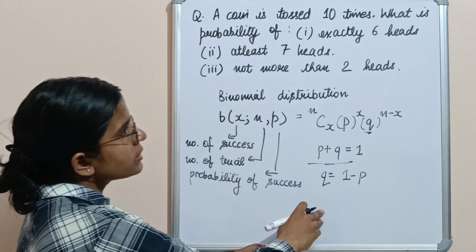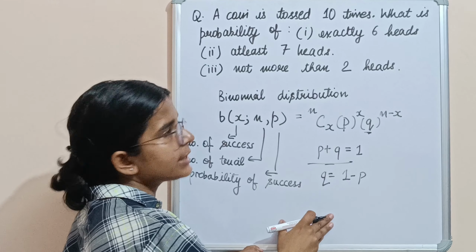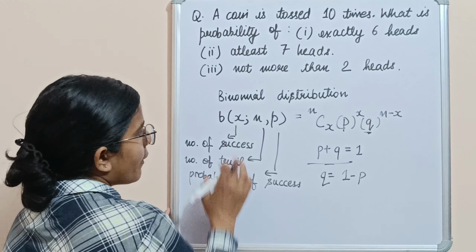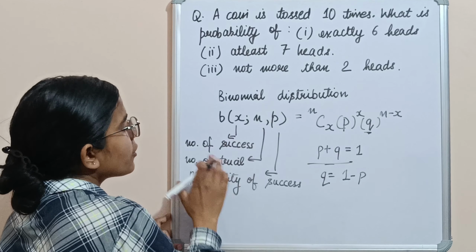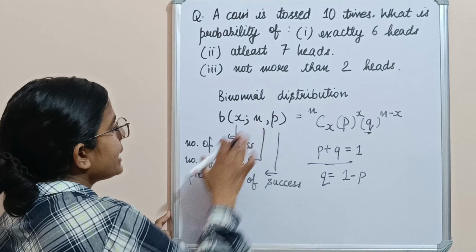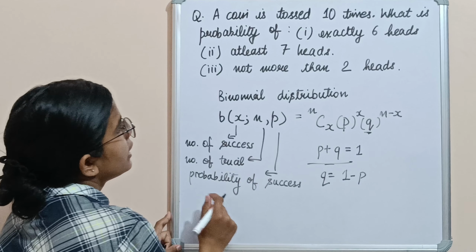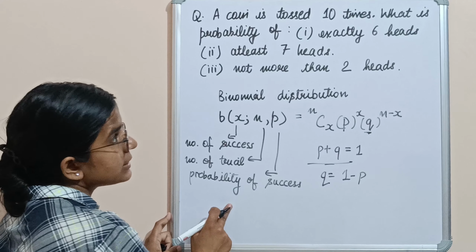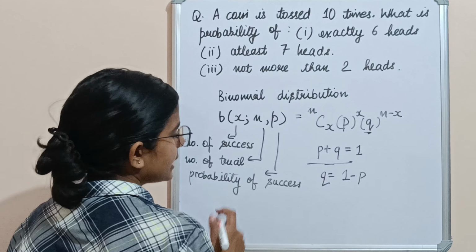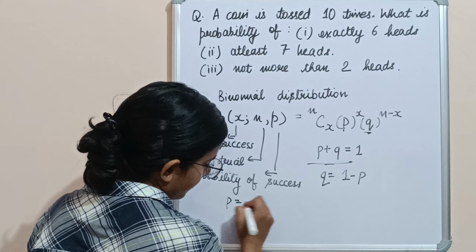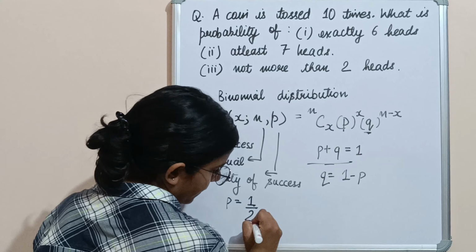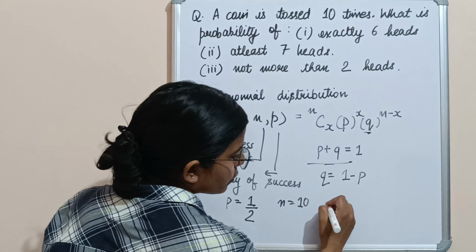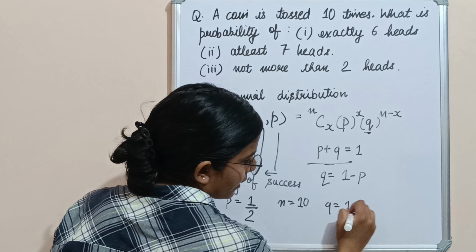Now in this question, getting a head in a trial is our success. So x will denote number of heads, n is number of trials that is 10, and probability of success will be probability of getting a head, that will be 1 by 2. q is 1 minus p, so q will be 1 by 2.